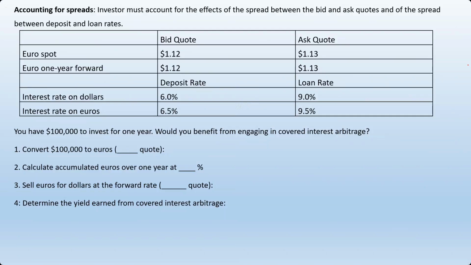We buy euros. Yes, we buy euros means the bank is gonna sell euros, right? The bank sells euros at the ask rate, so it will be 1.13. And the euro interest rate is 6.5%. So in the end we have 94,247.79. Then we're gonna sell euros for US dollars on the forward contract. When we sell euros, do we sell at the bid rate or the ask rate?